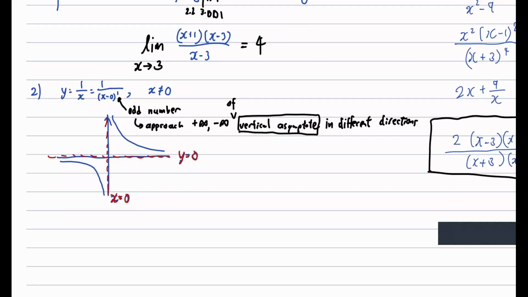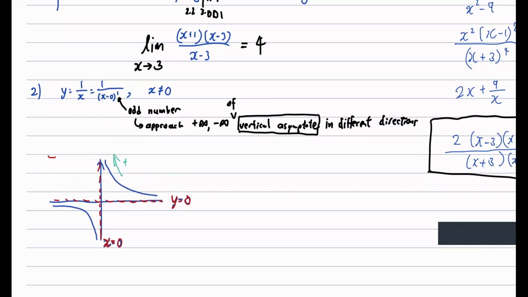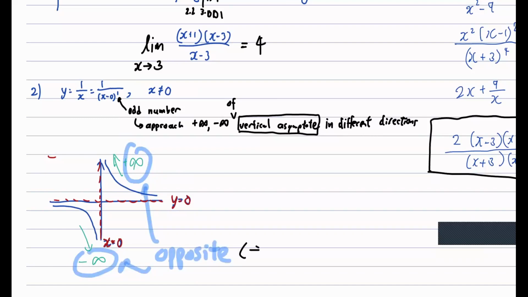So one of them goes towards positive infinity, the other goes towards negative infinity. Does that make sense? No space, I want to draw an arrow. Then this one goes up to positive infinity, this one goes down to negative infinity. So they are opposite. This happens when you have an odd power. Okay, opposite direction when you have an odd power.